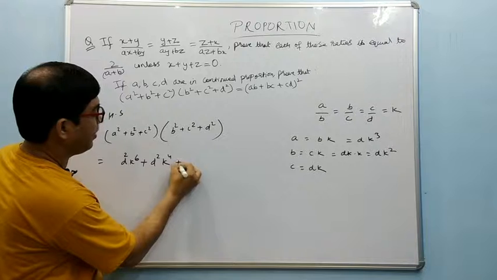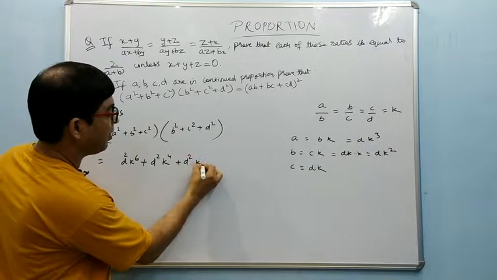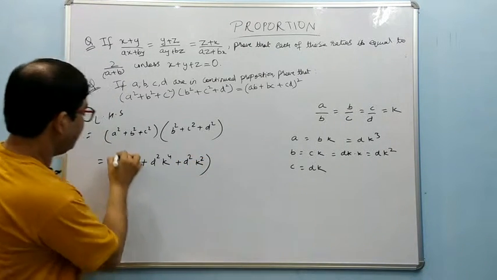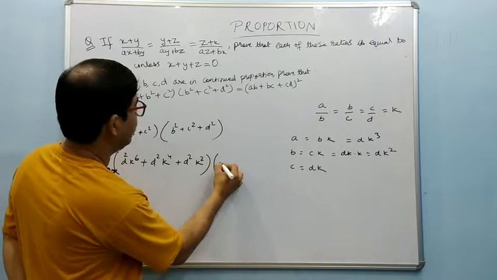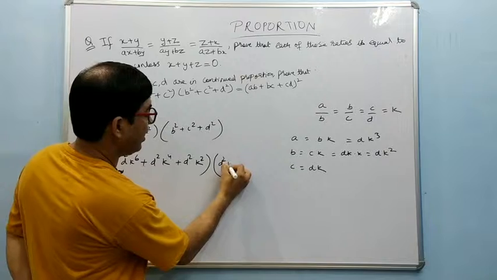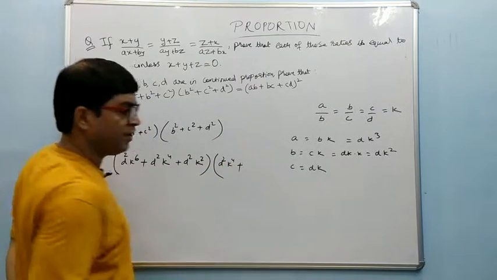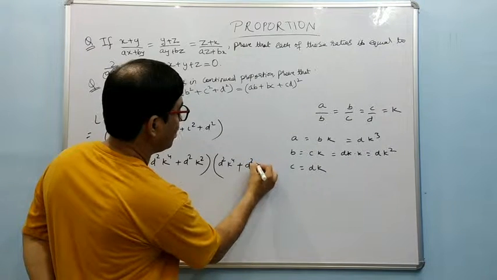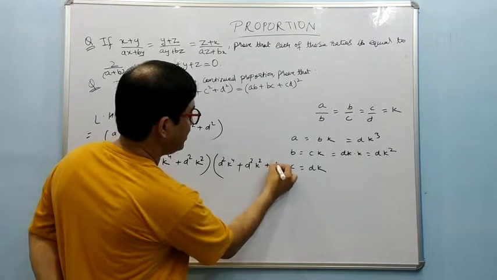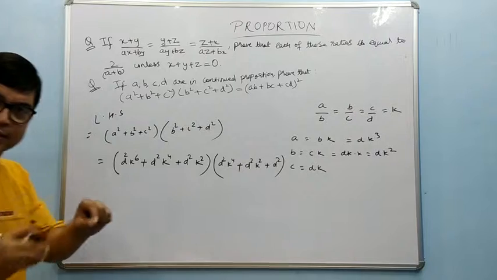And c², that is d²k², into b², that is d²k⁴, plus c², d²k², plus d². This is the LHS.